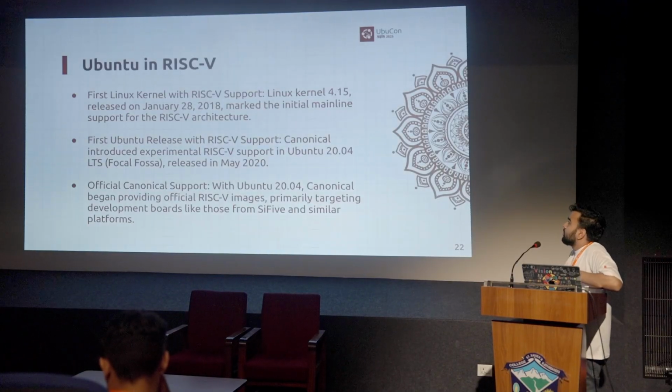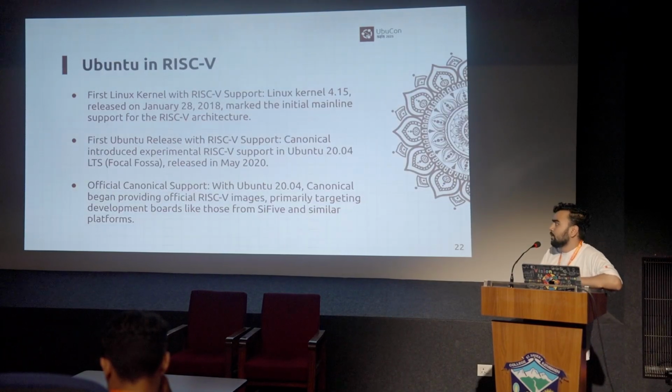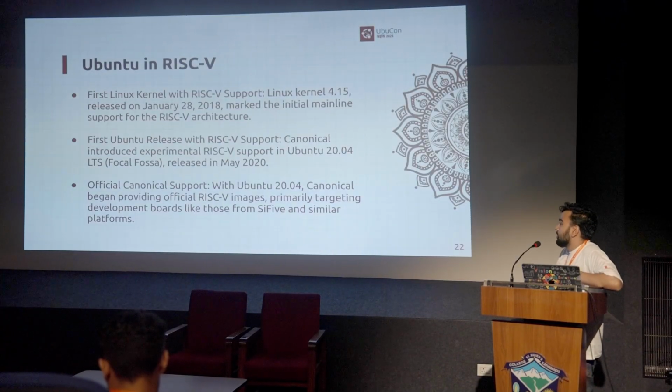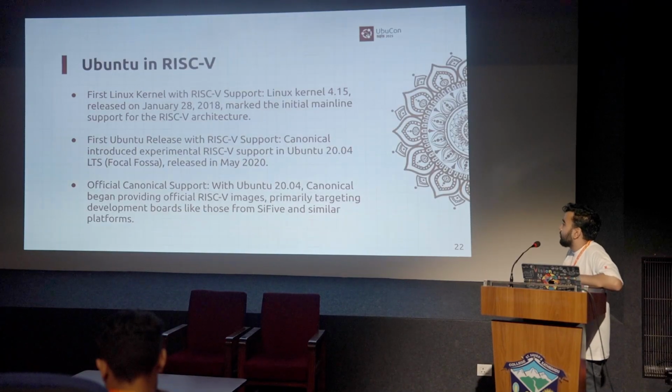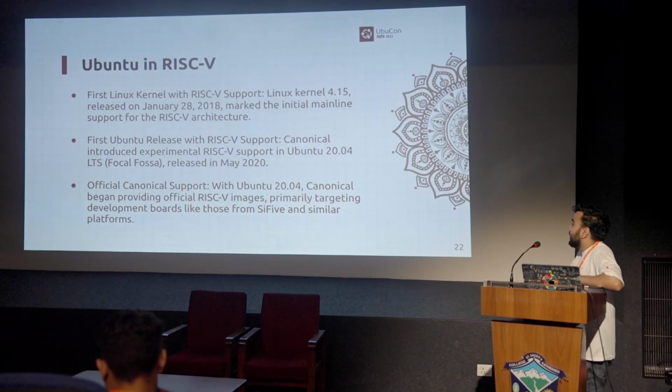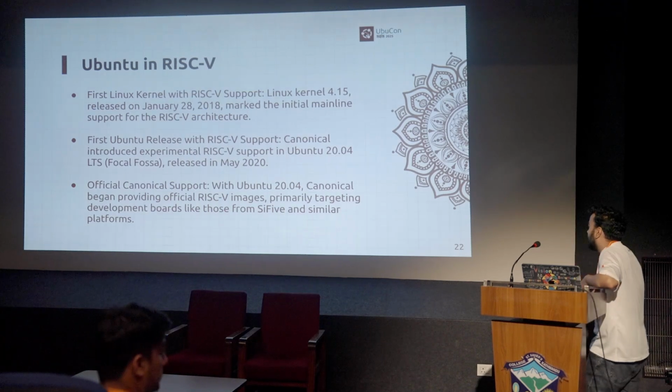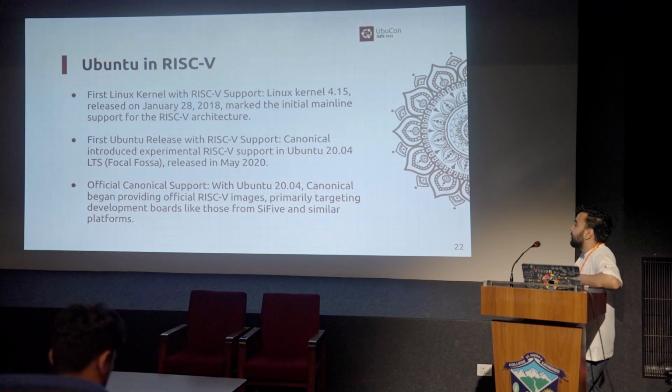And now finally to our core topic. Starting with the first Linux kernel with RISC-V support, it was 4.15, released back in 2018, and then the first Ubuntu release after the kernel support, we got around 2020, and official Canonical support has been there since the first release.